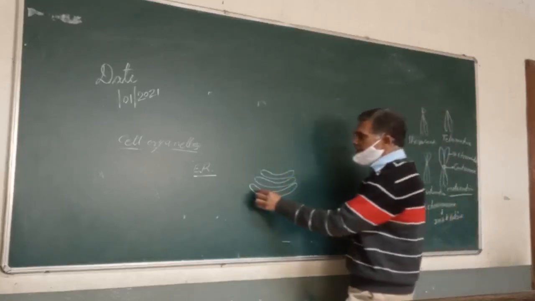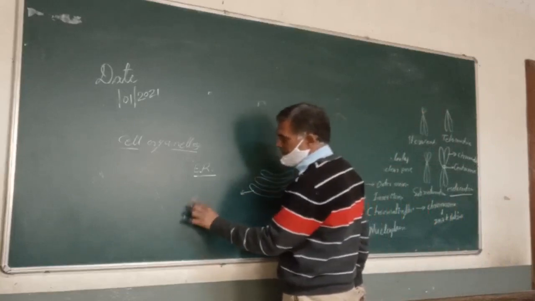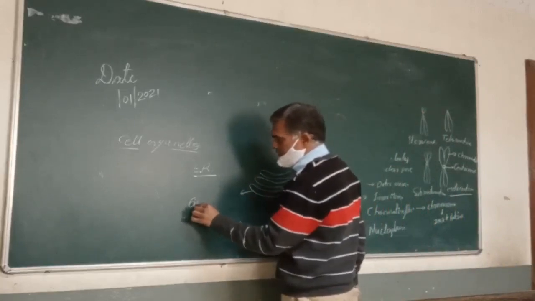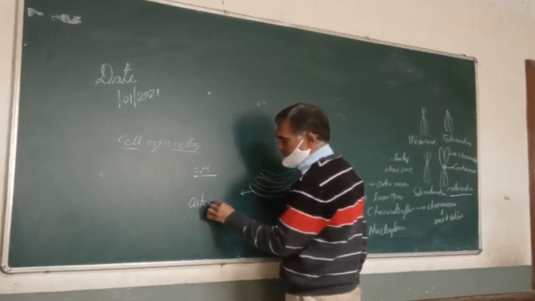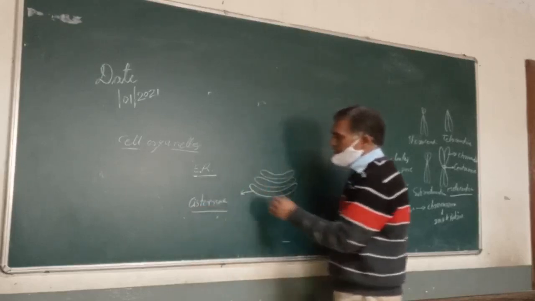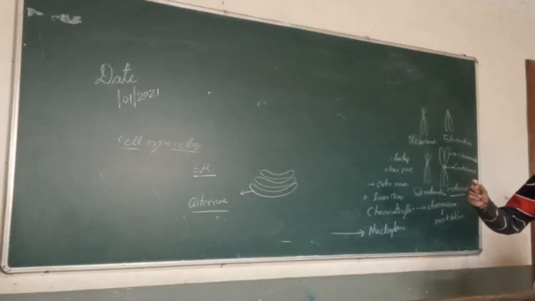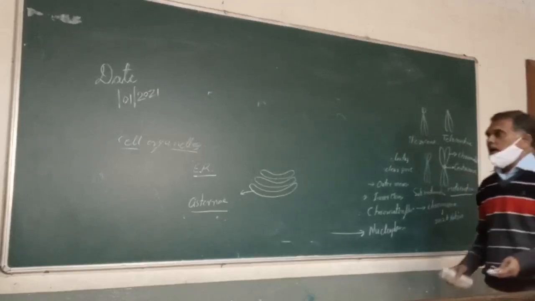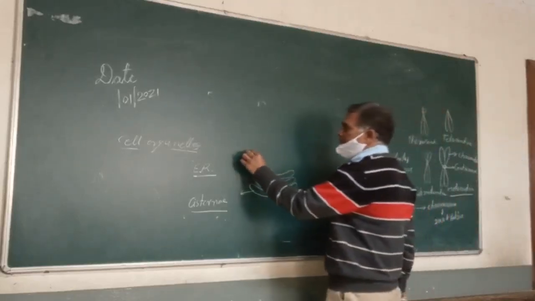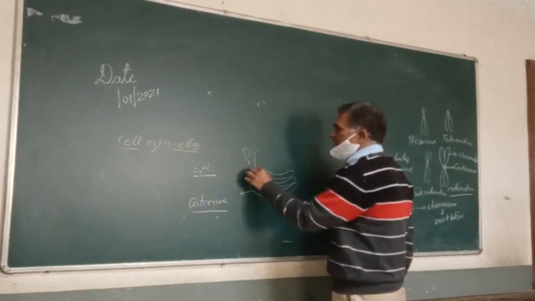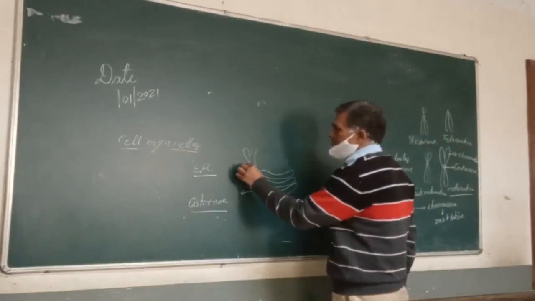A plate-shaped, flattened structure is there, known as cisternae, and some tube-like structures are there, that are tubules.